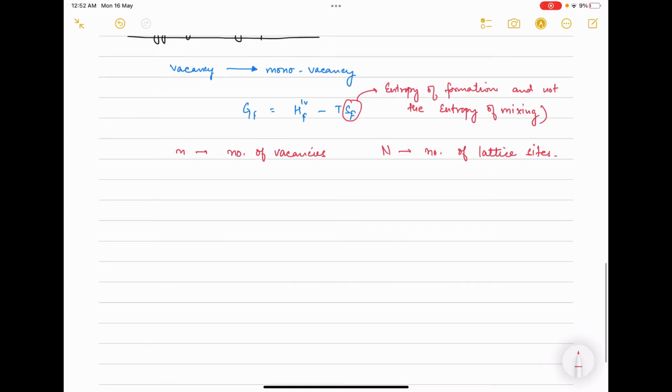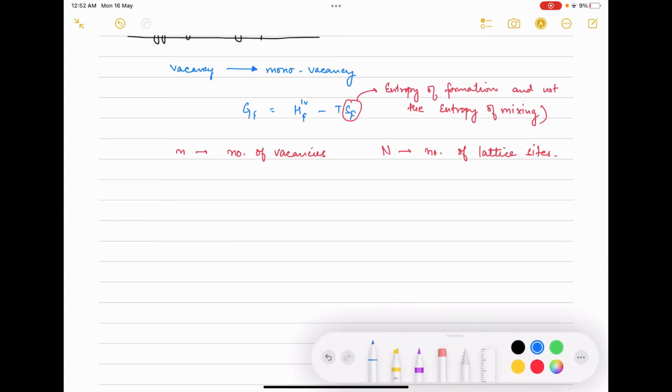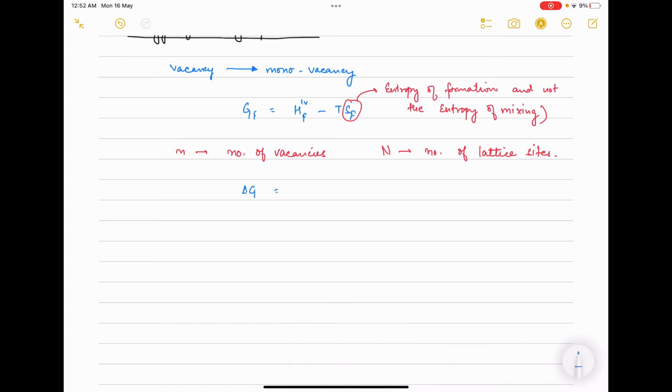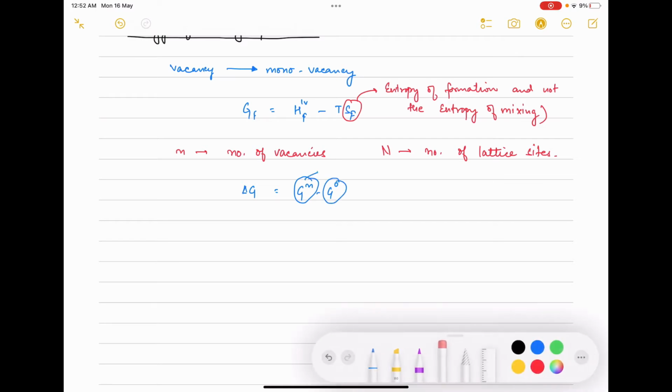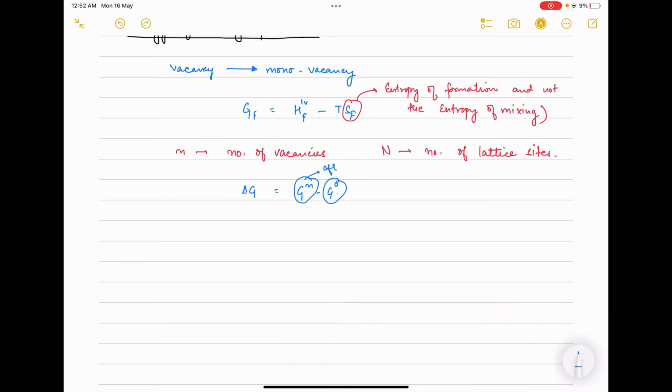Okay, so the change in Gibbs free energy will be given by Gn minus G naught, where this one is after the formation of n vacancies, and this is when there are no vacancies, 0 vacancies.